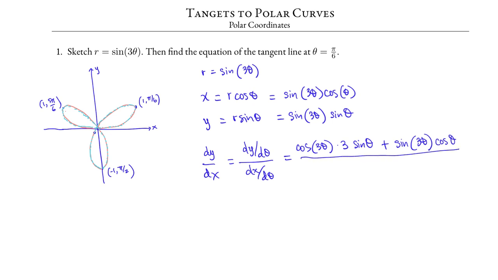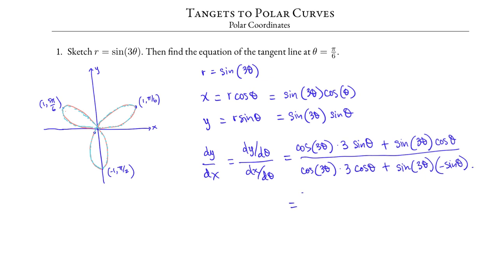The denominator is the derivative of x with respect to theta. The derivative of sine of 3 theta is cosine of 3 theta times 3, keeping cosine theta, plus keep sine of 3 theta and multiply by the derivative of cosine theta, which is negative sine of theta.